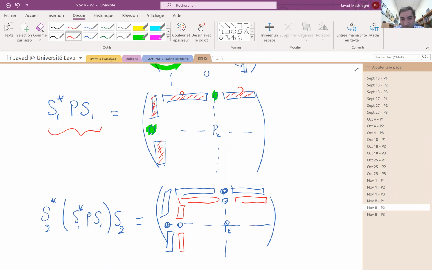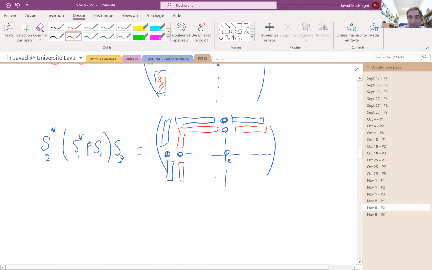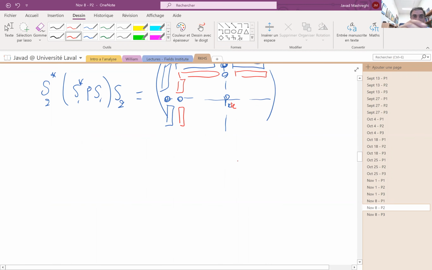And repeat this for all n-1 elements which are here to make zeros above, below, on the right, and on the left side of Pkk. And what you obtain at the end, if you repeat this operation and you call S equal to S1, S2, up to Sn-1, is S star PS, almost the same matrix that we saw above.